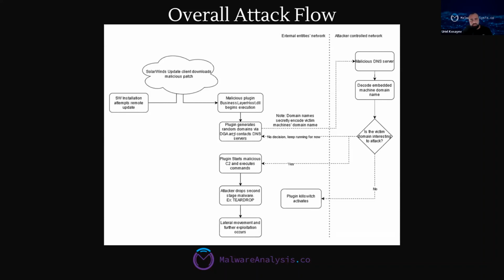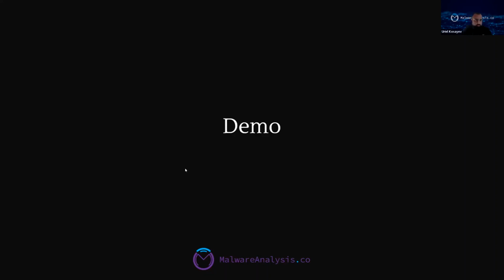Then it does DGA, domain generation algorithms, with random subdomain creation, and some situational awareness: it gets basic information on the computer, the domain, the IP, builds a configuration file, and sends it to the C2 server. If the C2 server likes the organization being attacked, it will download another, different payload. So we got to the demo point.